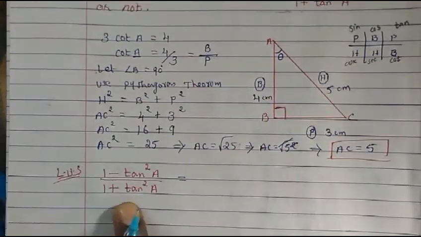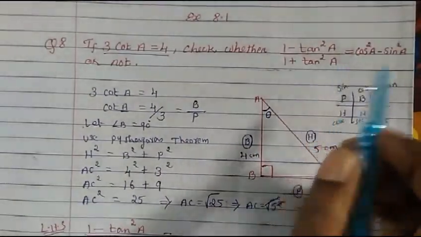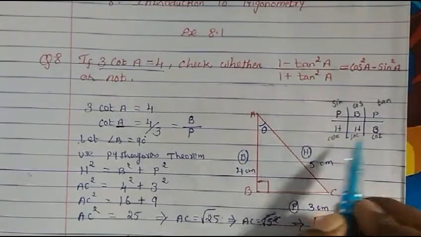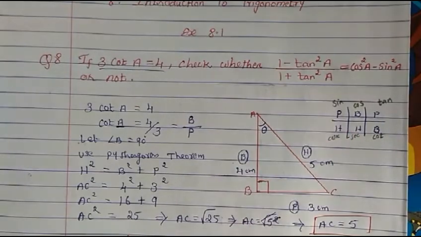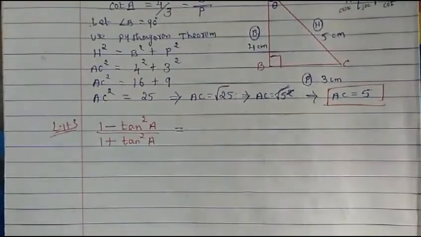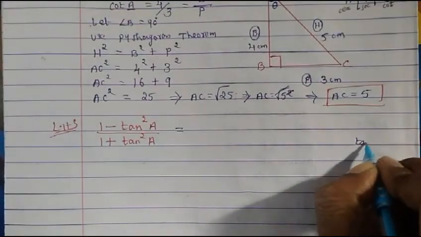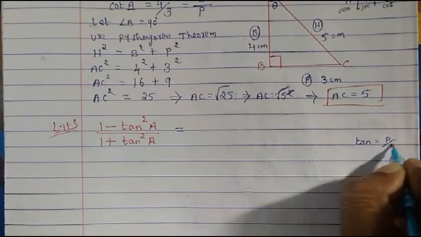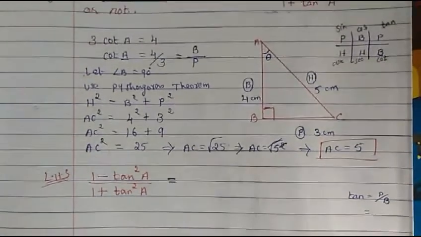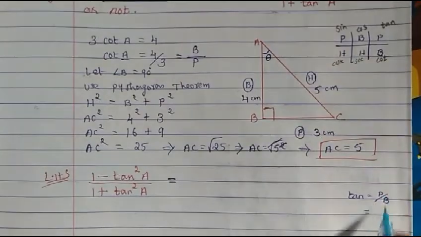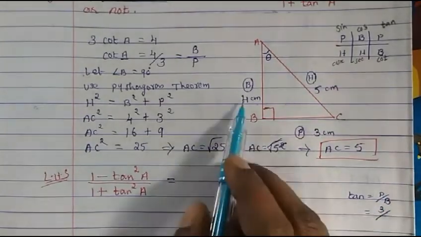Now tan is perpendicular upon base. Perpendicular is 3 centimeter, base is 4 centimeter.